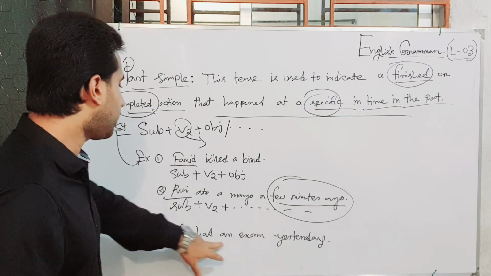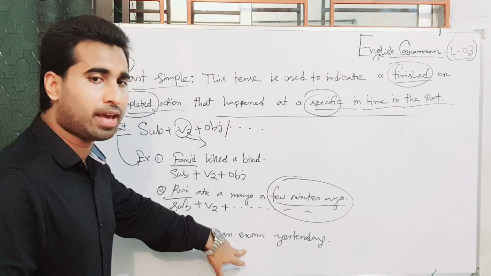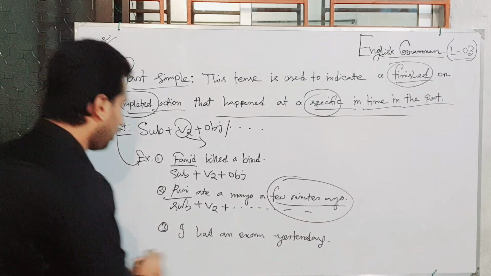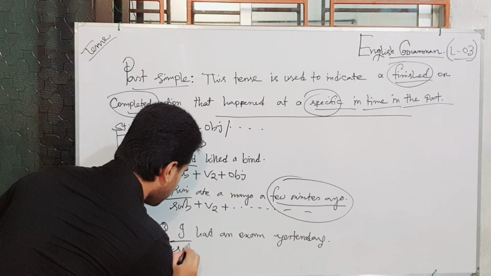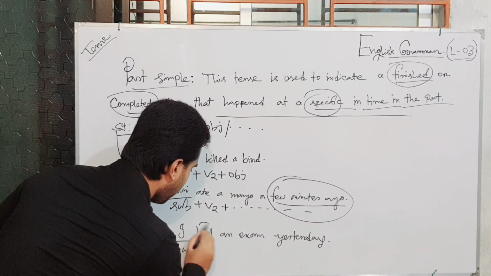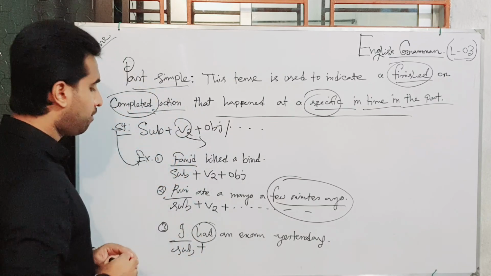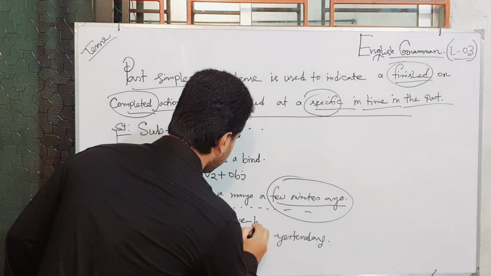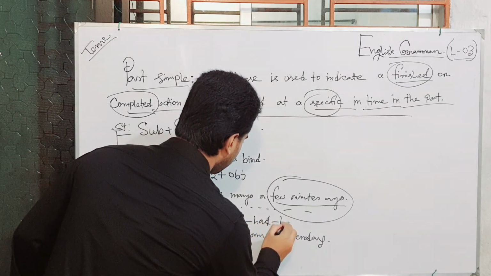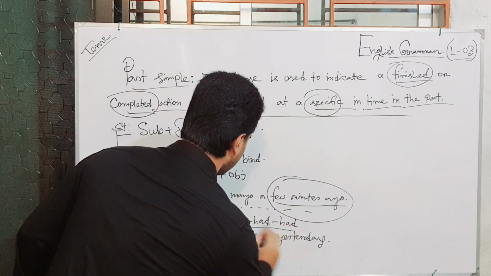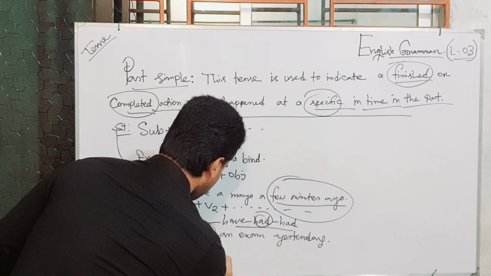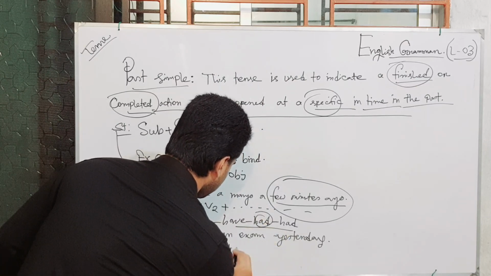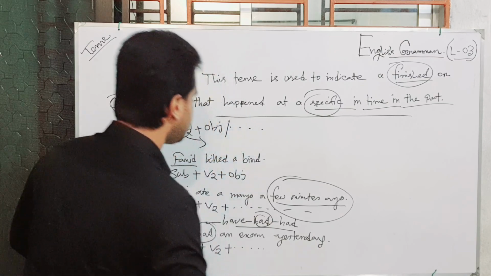Next one, I had an exam yesterday. Here I is the subject plus had. Have, had, had. V2 plus other words or object.